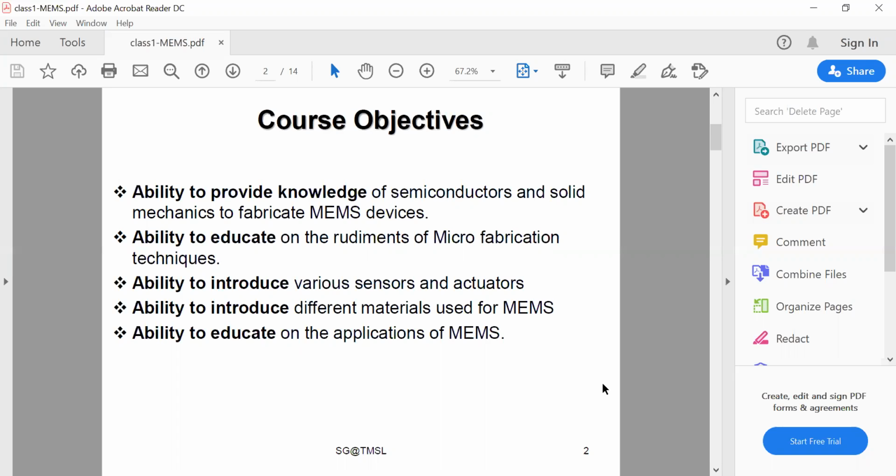Last is the ability to educate on the applications of MEMS, where MEMS based devices or smart sensors or smart devices can be used. Define the applications. So these are the objectives.